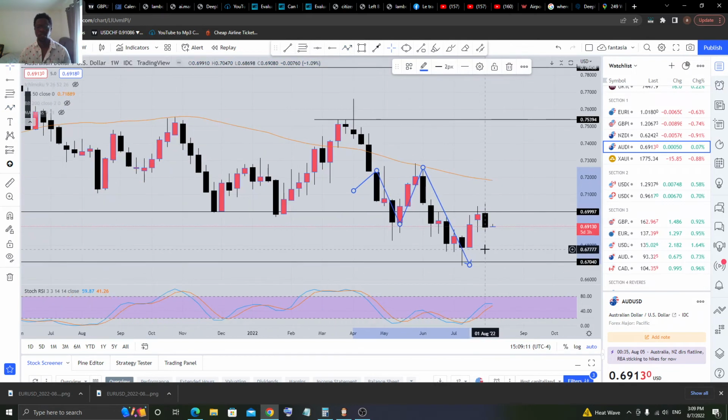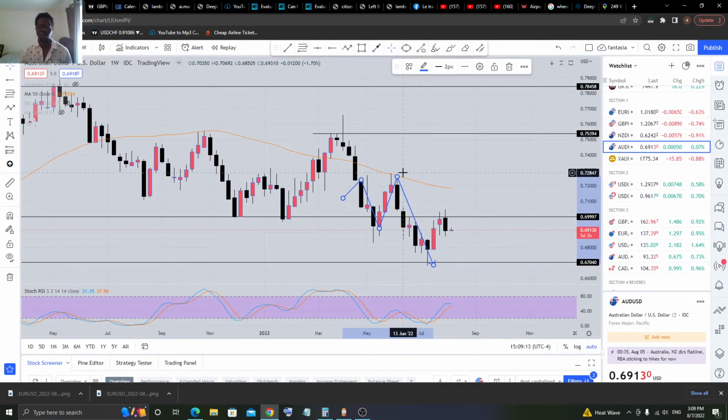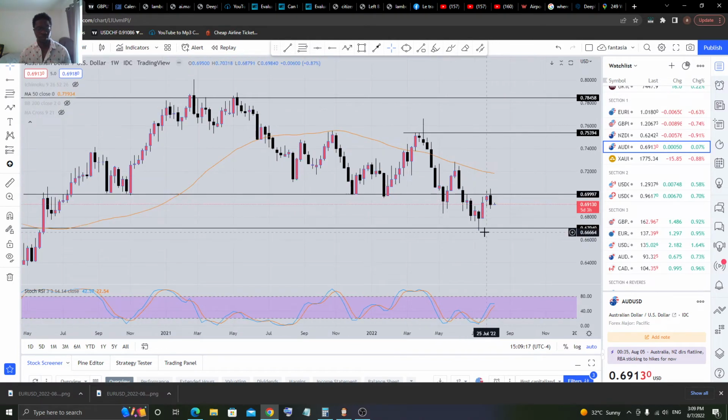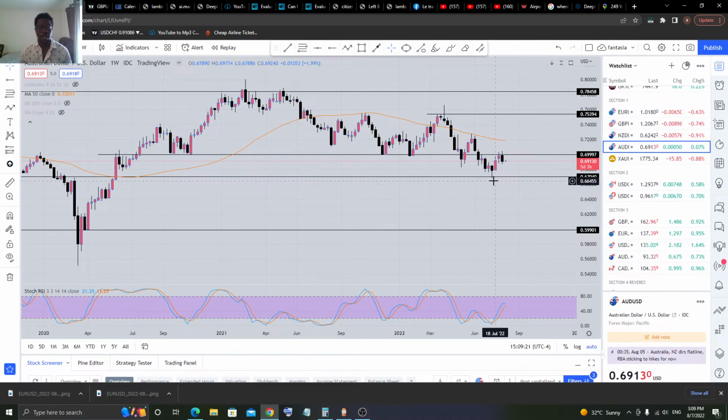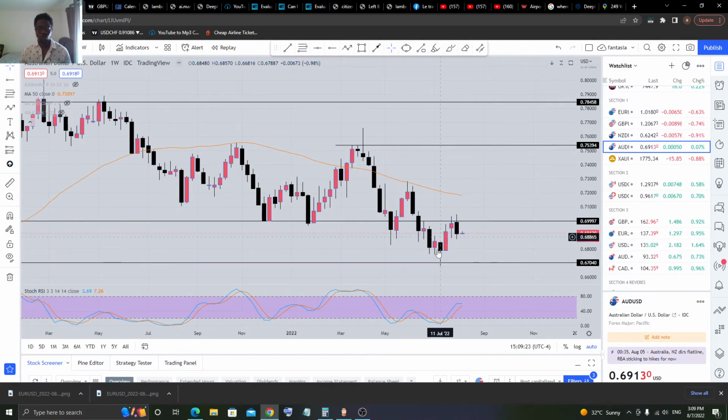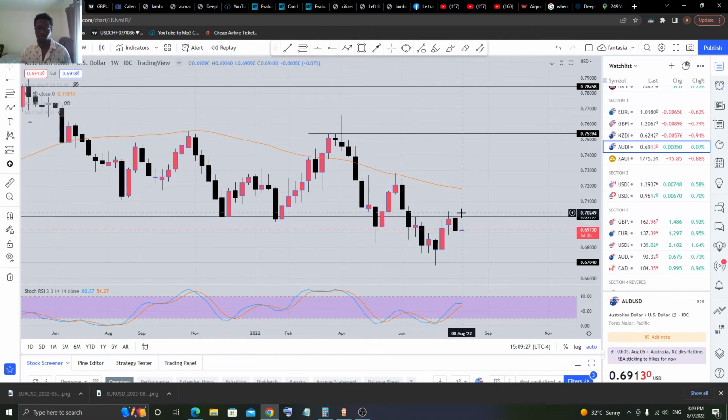Teach yourself, train yourself to be able to see this kind of thing, guys. So price came back down to test this level. Look, and right away, look at this week. Right away, price bought to come back to test this zone. Price came back to test this zone.